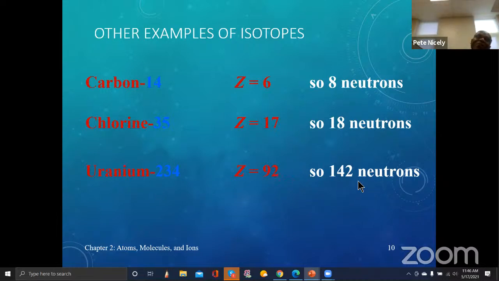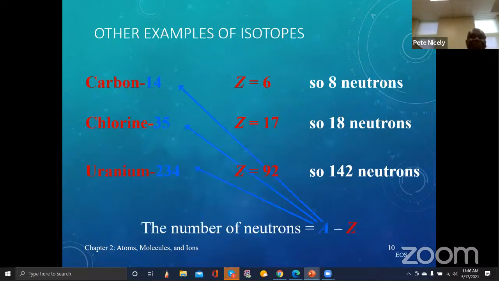That's how you can determine the number of neutrons, protons and electrons in an isotope, if you're given this way of representing it. In each of these cases, the number of neutrons will be equal to the difference between the mass number and the number of protons, or the atomic number.